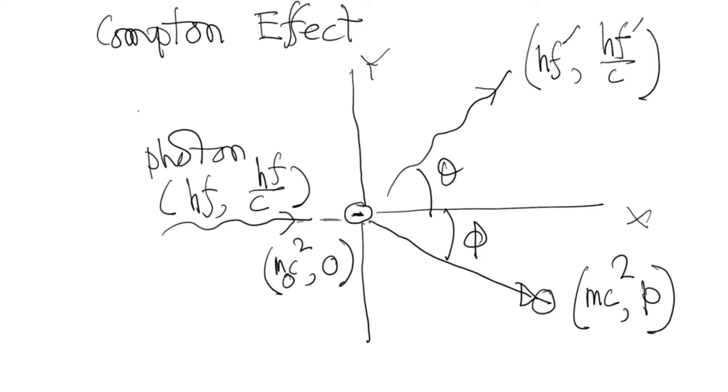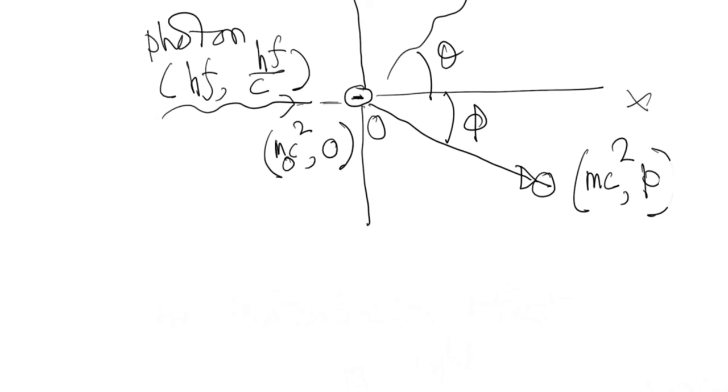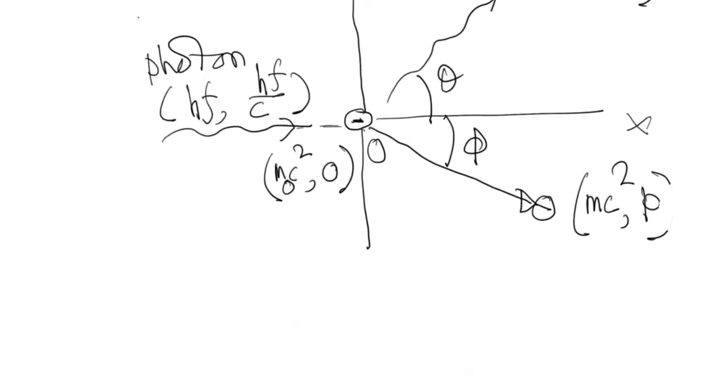For simplicity of presentation, we shall consider that this is happening on a two-dimensional plane, so we have drawn here a two-dimensional plane with two axes, OX and OY. Now we are interested to find the change in wavelength of the photon.